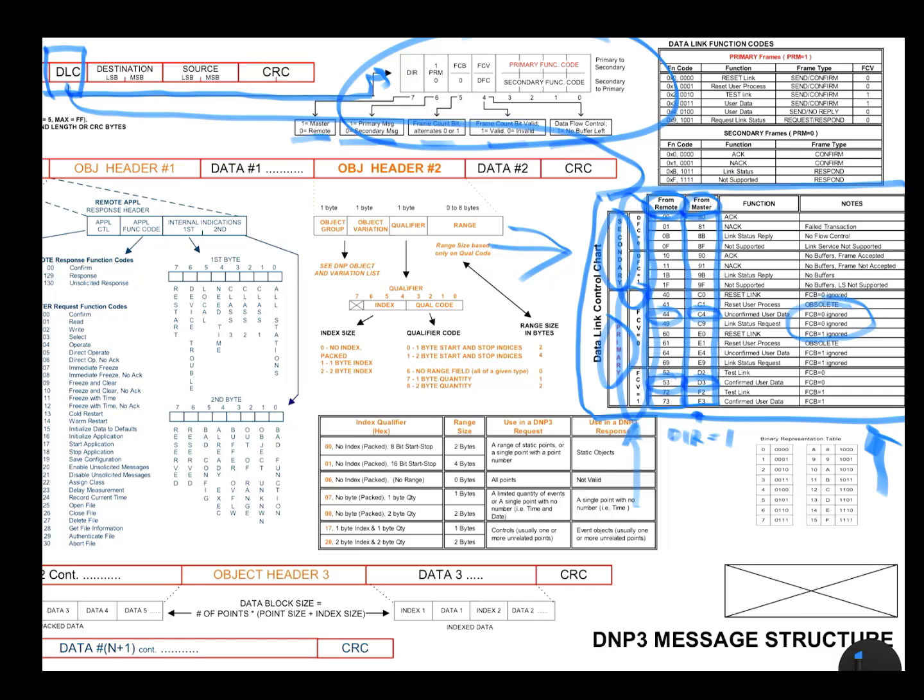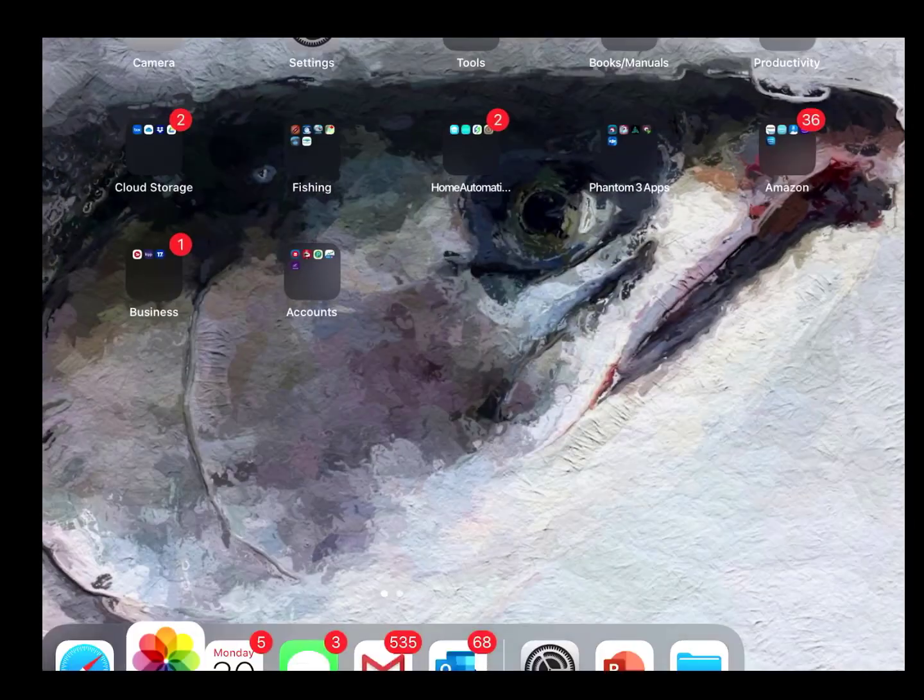You're not specifically required to know the exact purpose of each one of those bits. You just need to know how you'd use the table to interpret it. And if you want more information, you can go to dnp.org and search for something like define the meaning of the frame count bit. It'll give you all the information you need.